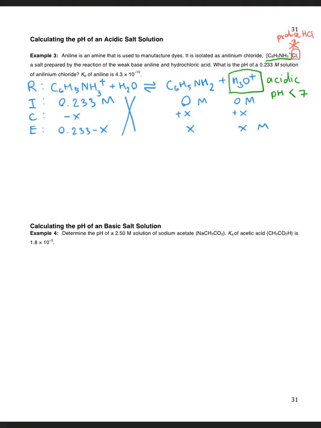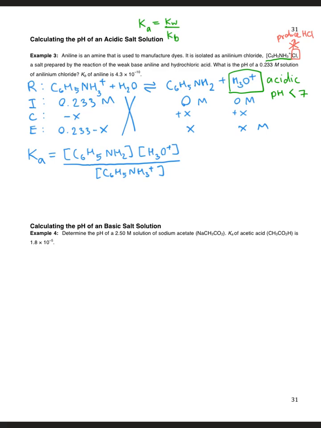Next, you will need to set up the equilibrium constant expression K. Because this K involves hydronium ions, or an acid, the K expression here is going to be Ka. The problem gives us the Kb of aniline instead, not the Ka value. So first you will need to convert the Kb value of the conjugate base to the Ka value of its conjugate acid before you can plug into this equation.